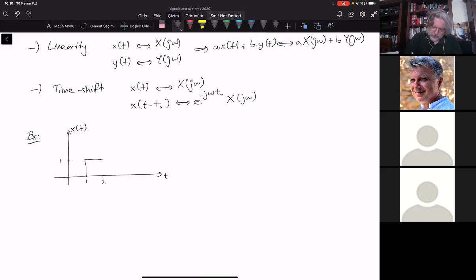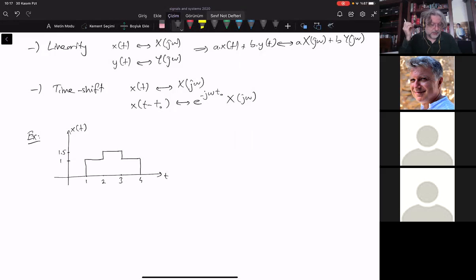When t is 2, it jumps up again to 1.5, and goes on that way until 3. At 3, it comes down again to 1. And at 4, it goes back to 0. Everything else is equal to 0. So this is x of t.